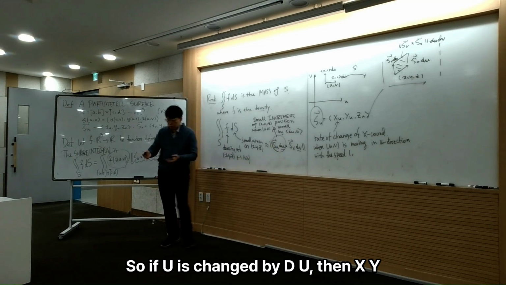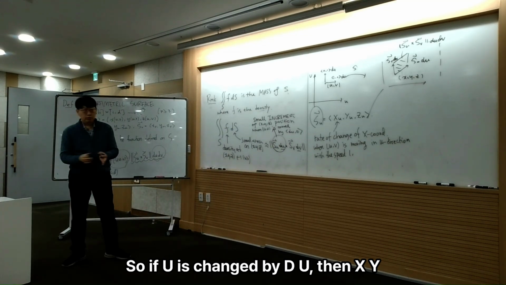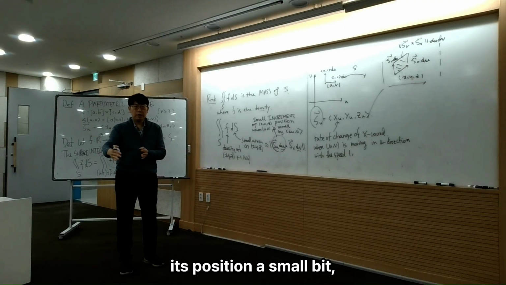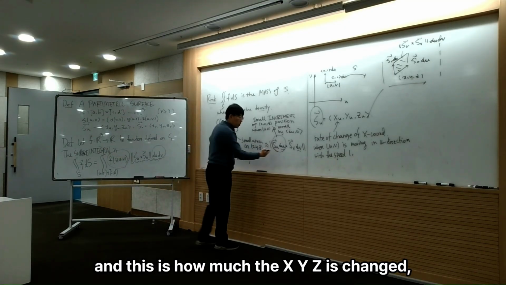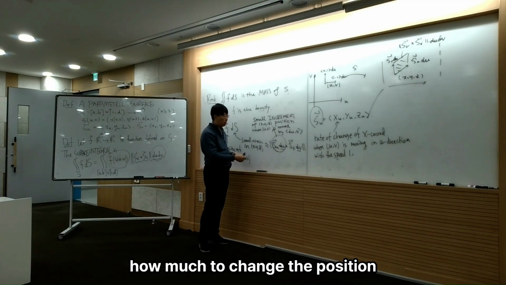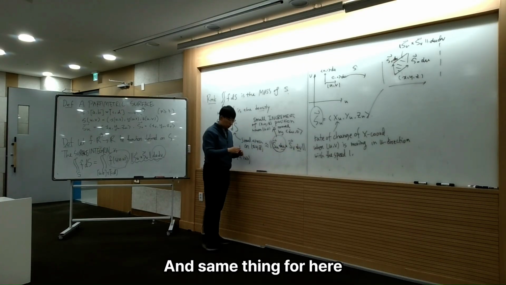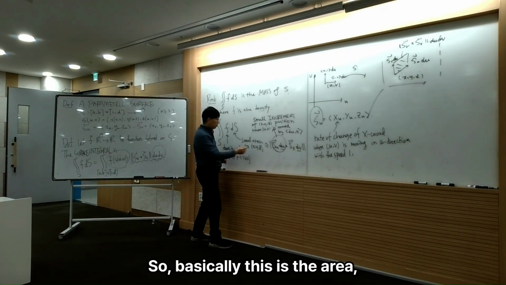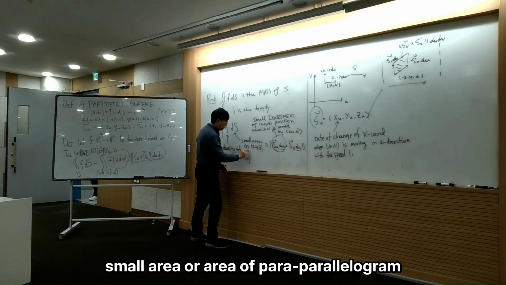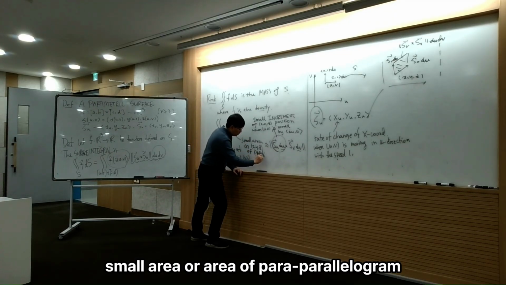So if u is changed by du, then (x, y, z) has to change its position a small bit. And this is how much the (x, y, z) is changed. And same thing for here. So basically, this is the small area, or area of the parallelogram.